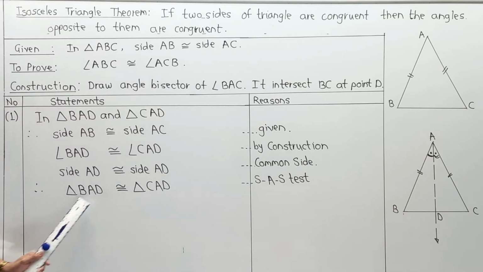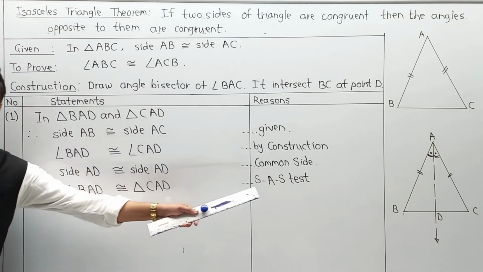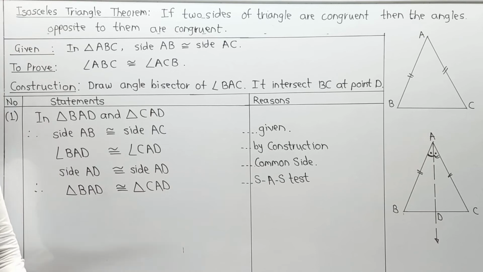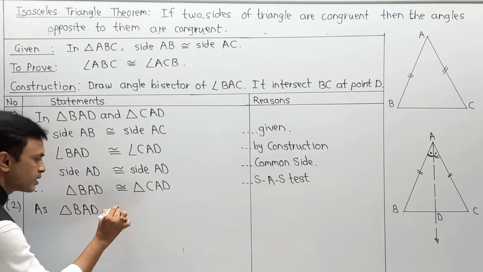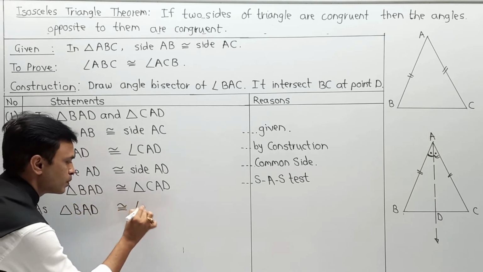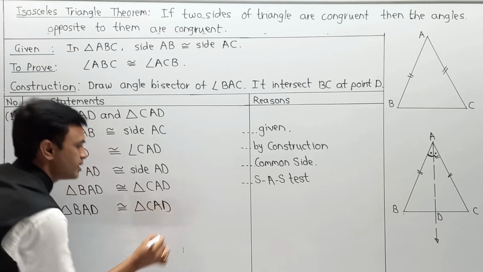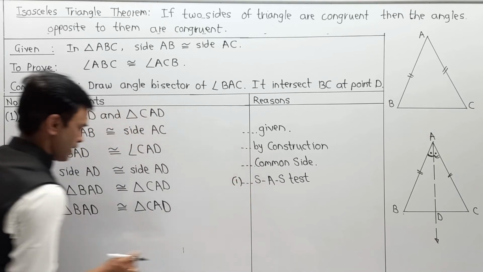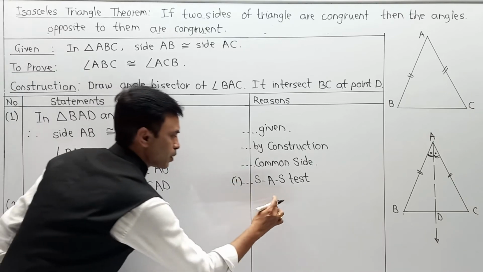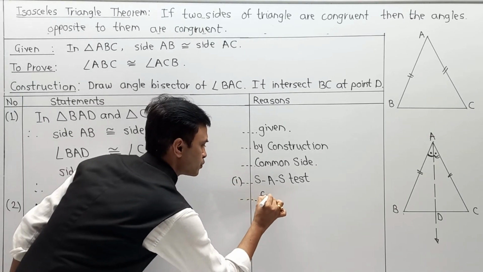Now, as these two triangles are congruent by SAS test of congruency, naturally their respective sides and respective angles must be congruent. So, second part: as triangle BAD is congruent to triangle CAD, I am going to call it equation 1, and in the second group I am writing from 1.